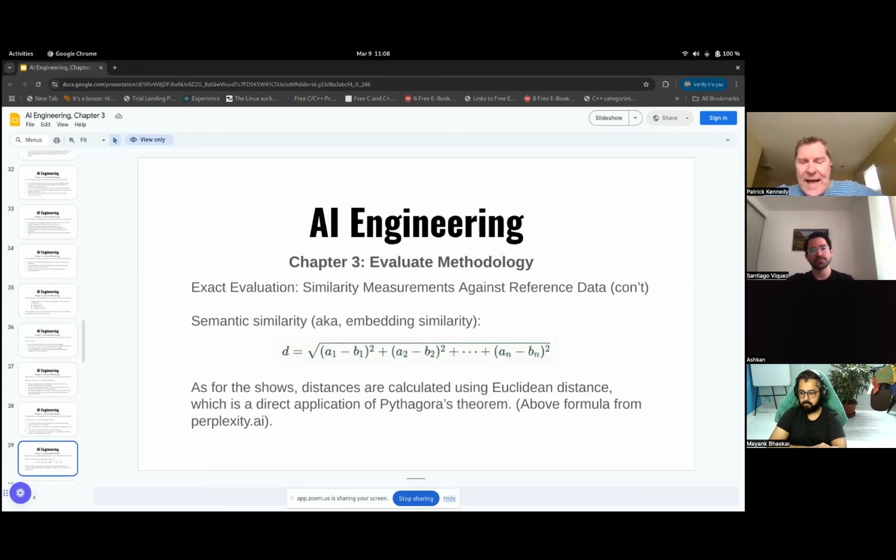And you got a picture of a cat, and semantically, the similarity would be very close, because when you do like the Pythagoras theorem, which specifically if we do the Euclidean distance, which is a direct application of the Pythagoras theorem, it's just saying point A minus point B squared plus blah, blah, blah, blah.